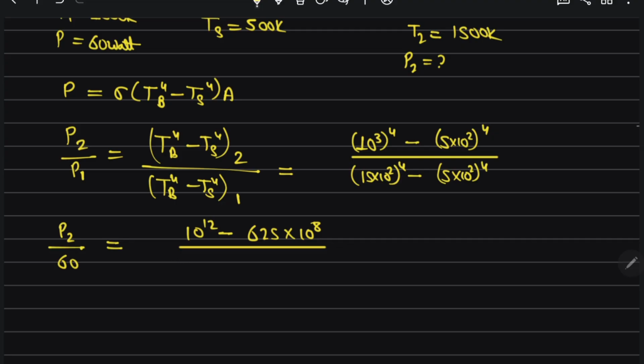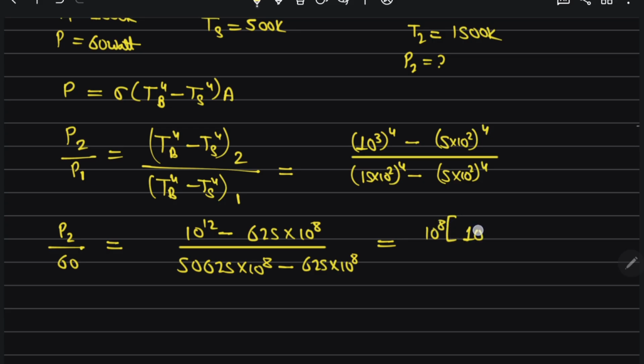And this comes out to be 15 into 15 into 15 into 15, so 50625 into 10 to the power 8 minus 625 into 10 to the power 8.